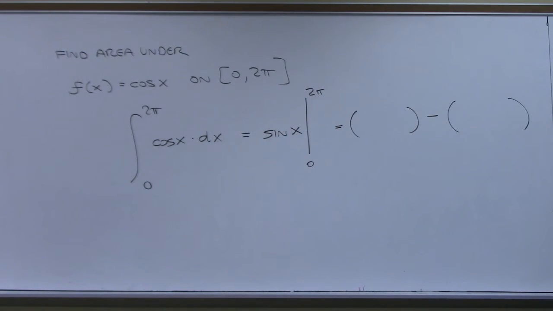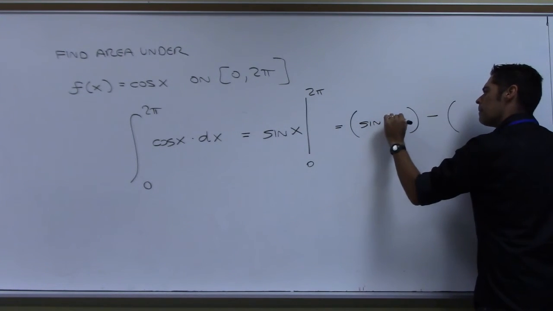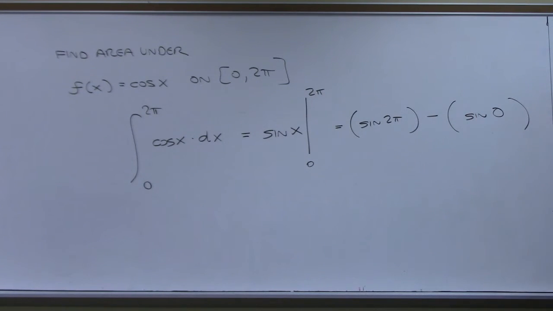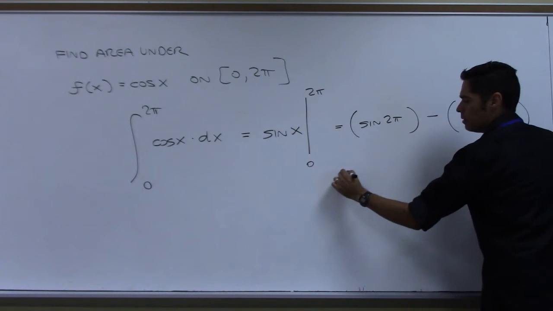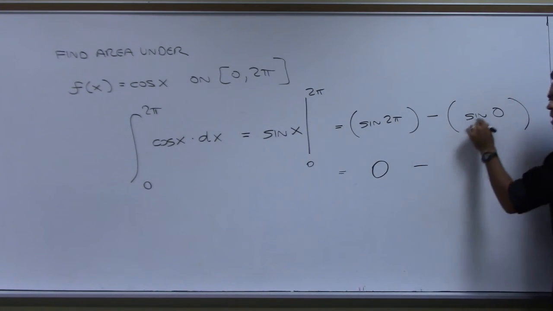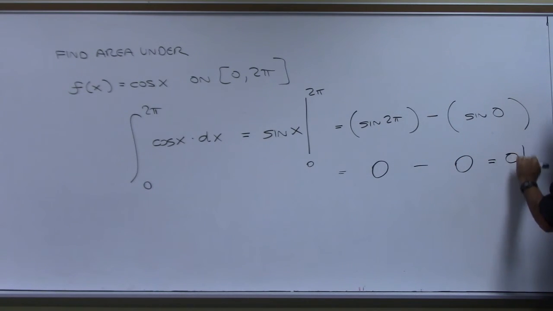Which do I plug in first? 2 pi. So sine of 2 pi, and then sine of 0. What is sine of 2 pi? 0. And sine of 0 is 0. So you get 0.